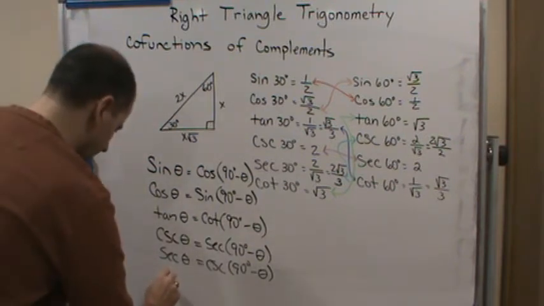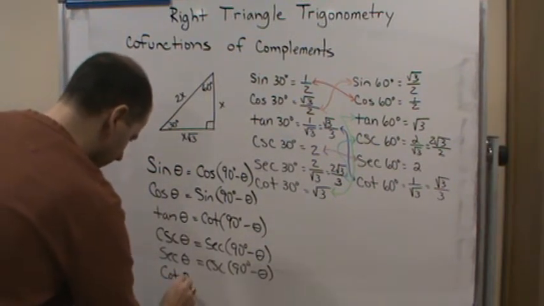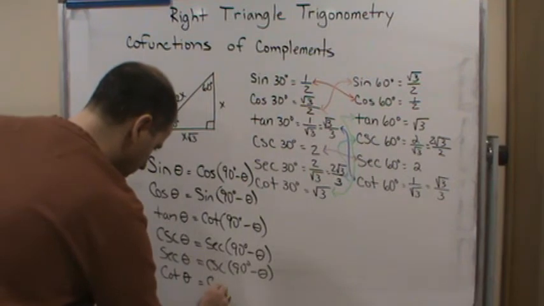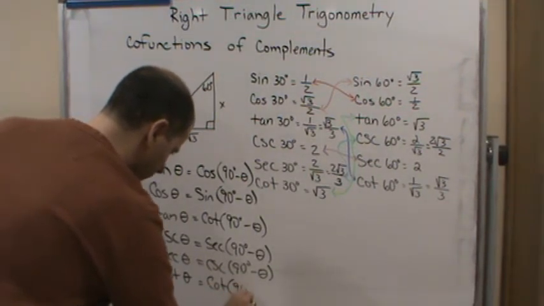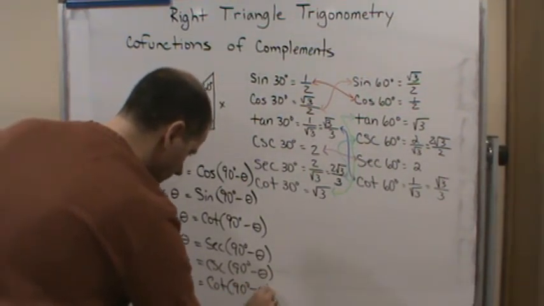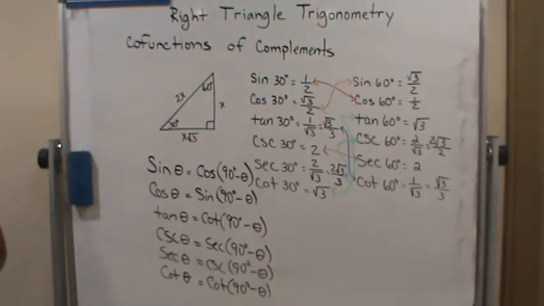And then finally we got cotangent theta is equal to tangent of 90 minus theta. Okay? And these are what we call the cofunction identities.